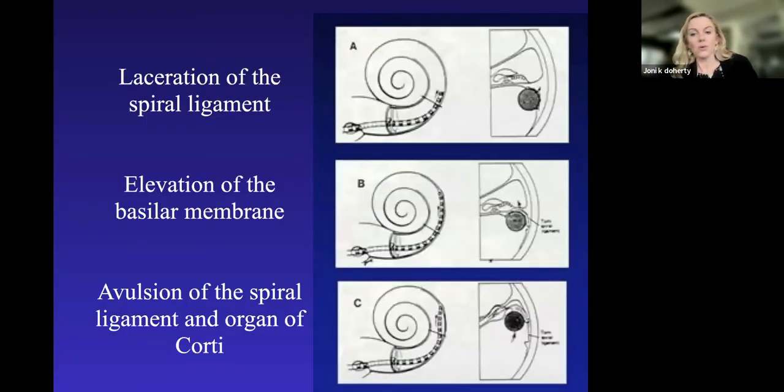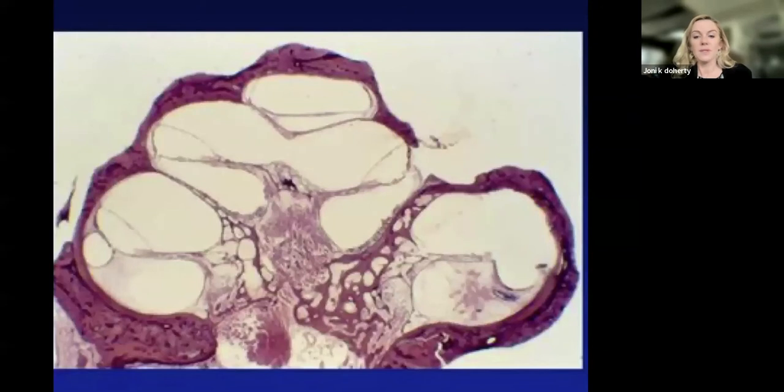This slide shows the ways that the electrode array can damage the delicate structures of the inner ear. It can lacerate the spiral ligament. It can also push up or elevate the basilar membrane and even avulse the spiral ligament from the lateral wall of the cochlea, or the endosteum. This is a closer view of the previous slide where the electrode array is going through the spiral ligament and lateral wall of the cochlea.